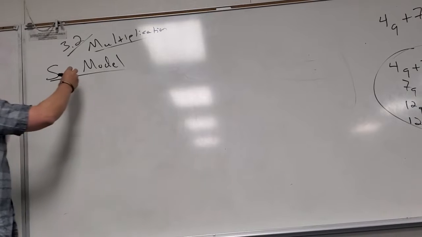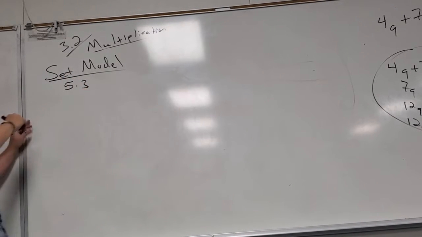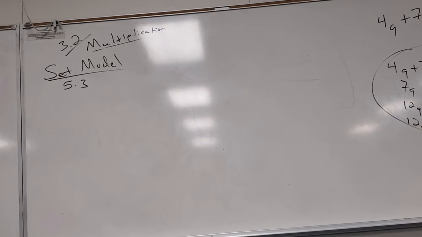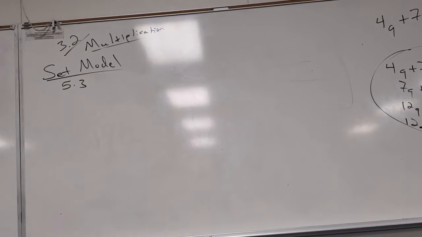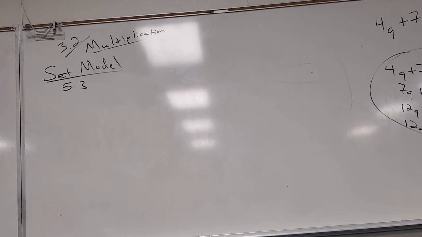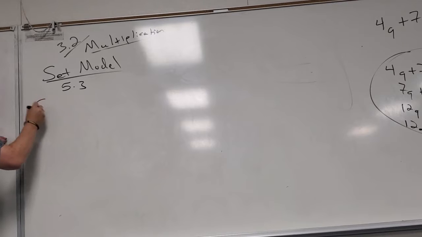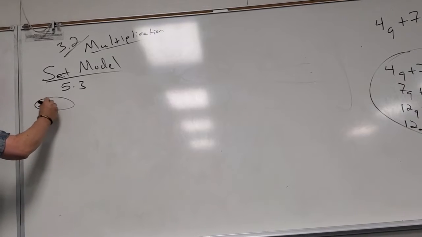So if I had to do something like 5 times 3, that means how many sets of how many in each set? What do you guys think? 5 sets with 3 in each set, yes? So the set model would be, what shape do you guys like today? Triangle, I like it.